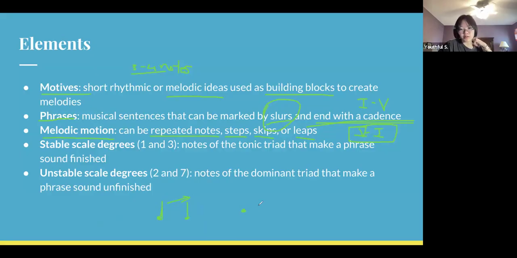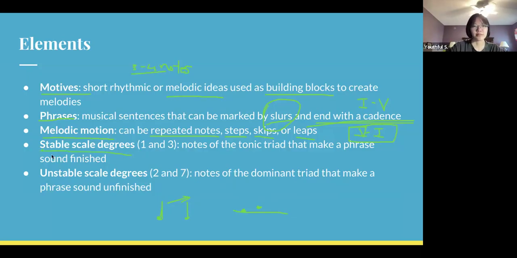Steps is when you go up by 1 note, for example C to D. And then a skip is up 2 notes, I think, and then a leap is 3 notes or more. So melodic motion can come in those forms, and it's basically how we move to different notes in music.